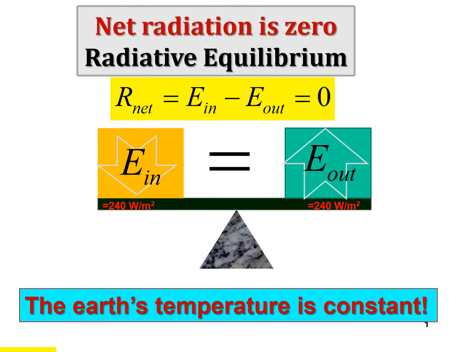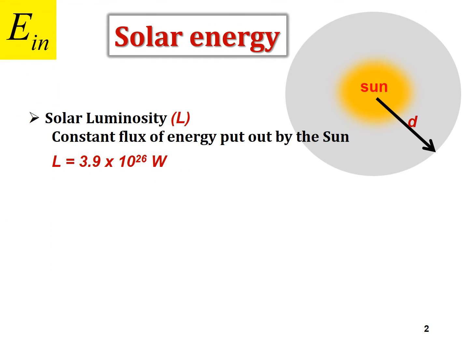solar. We want to ask a question: how much energy is pushed out by the sun per second? This is called the solar luminosity.